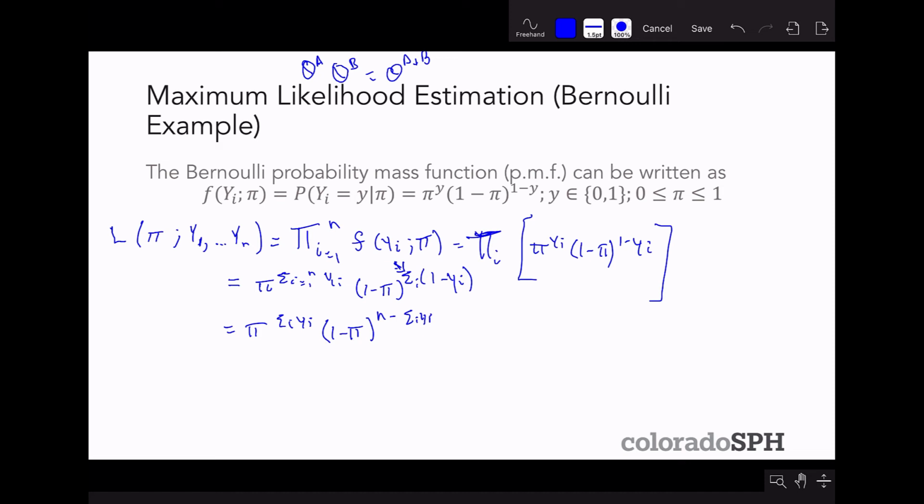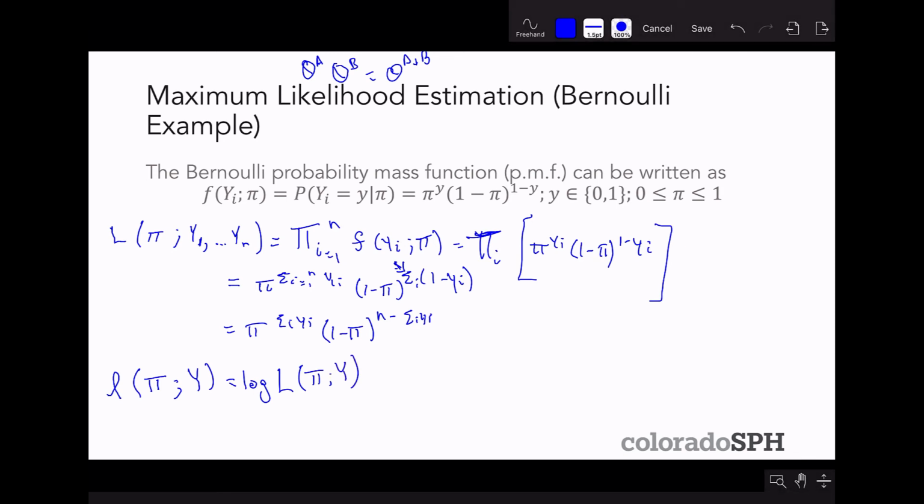And so we're going to use the log likelihood. If we take the log of that, sometimes I write lowercase l to denote that we're looking at the log likelihood. So that's l of theta, which is equal to log of capital L, the likelihood.